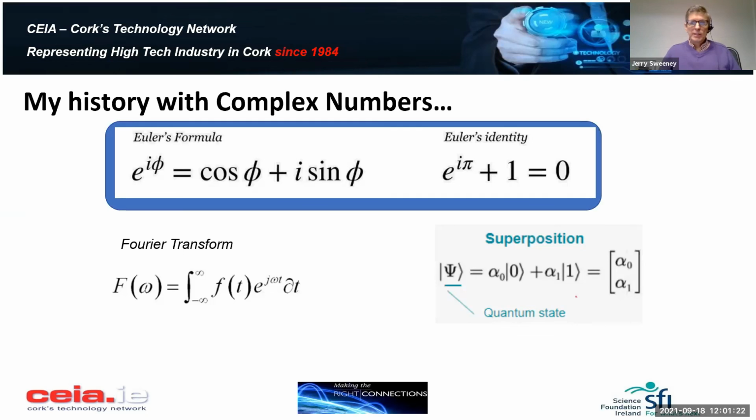I did electrical engineering, which involves communications and so on. Everything is waves. You've got power waves in electricity, you've got electromagnetic waves for light, you have electromagnetic signals for sending radio waves to your mobile phone or to your Wi-Fi or whatever.